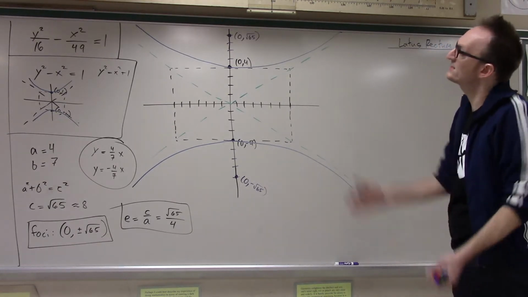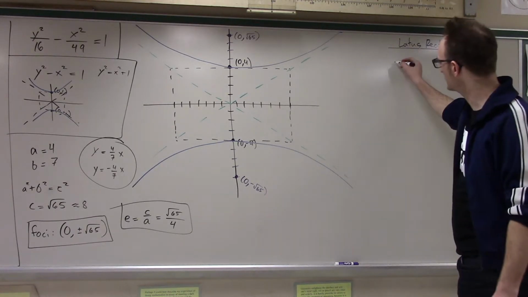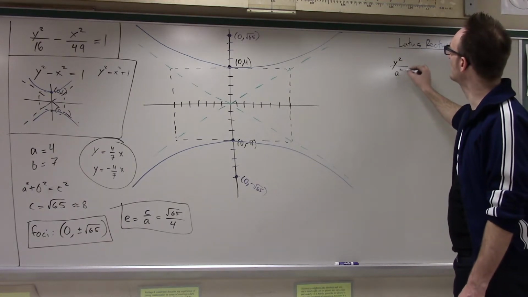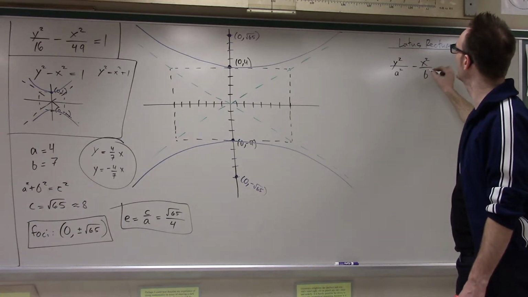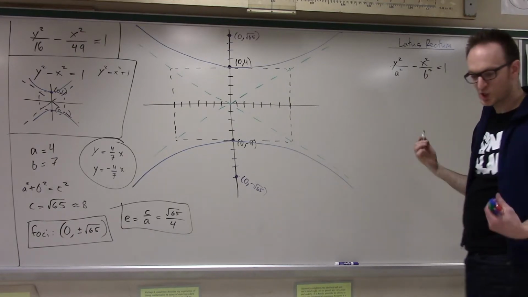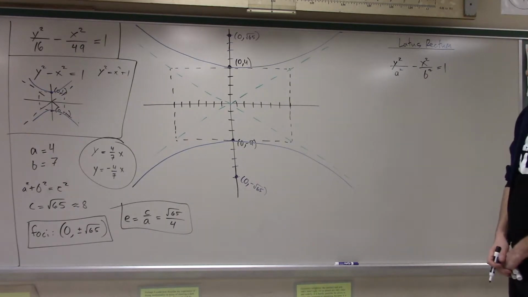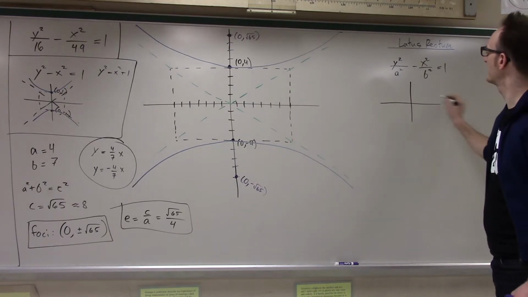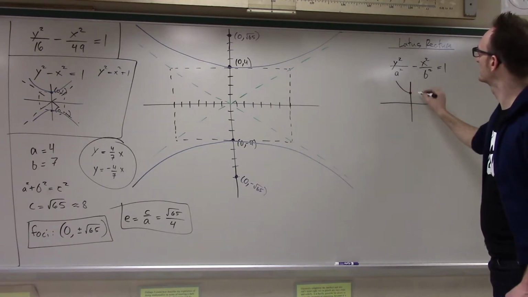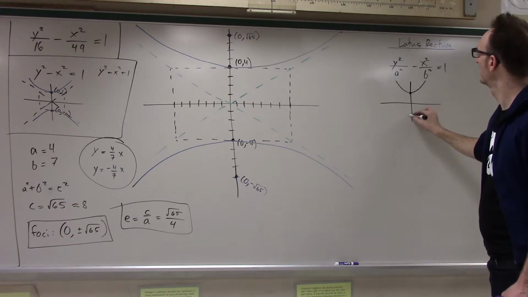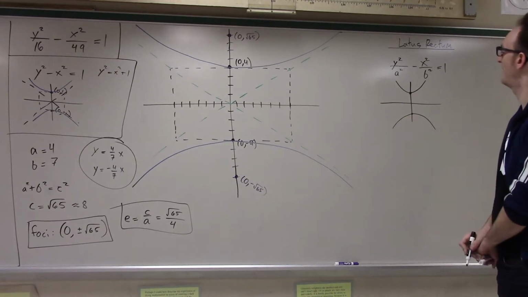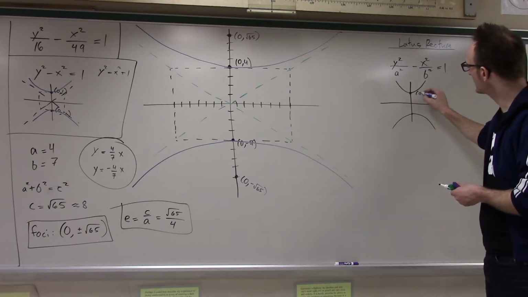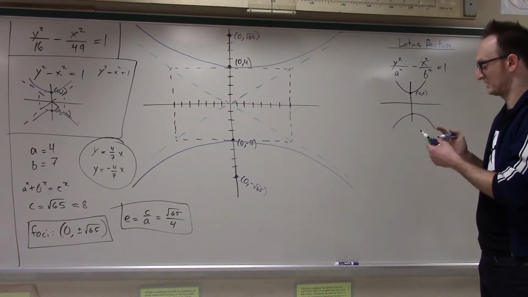All right, so in this case, we have a vertical hyperbola. So let's just do it. I think it's easier to do it in general. So if you have y squared over a squared minus x squared over b squared equals 1, that is a generic vertical hyperbola. So we can plot it. It looks like this. And so this right here is 0, a, and so on.